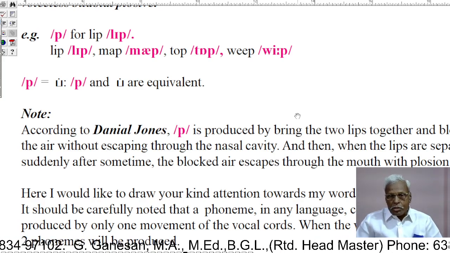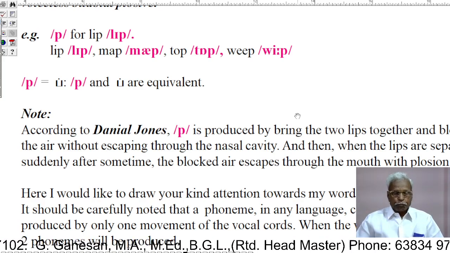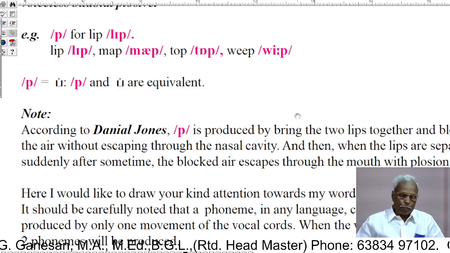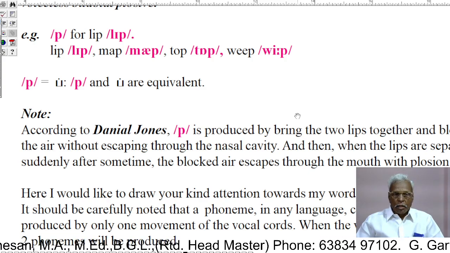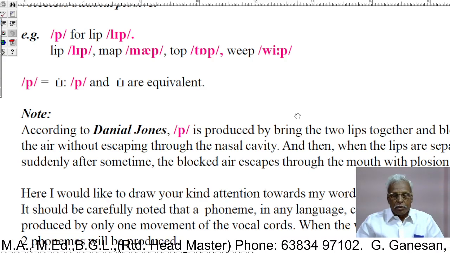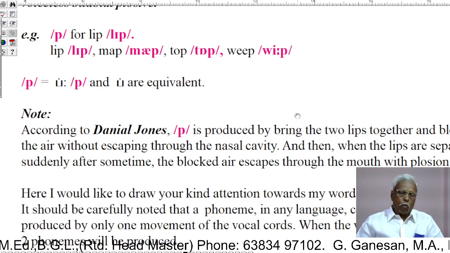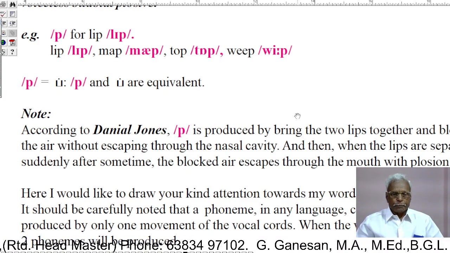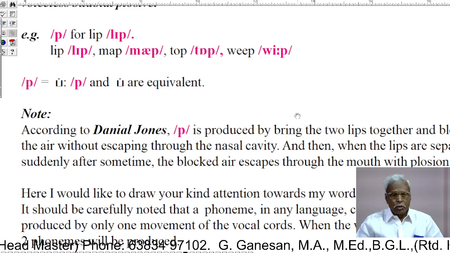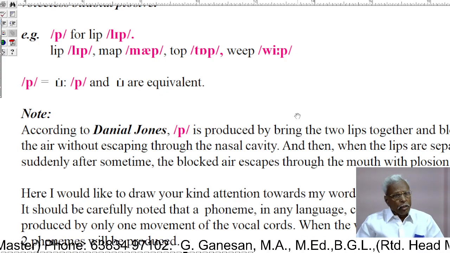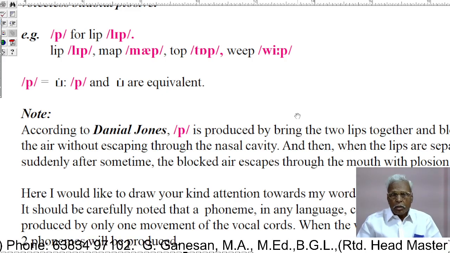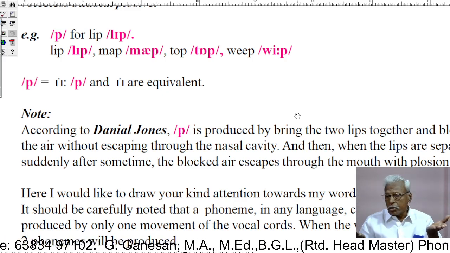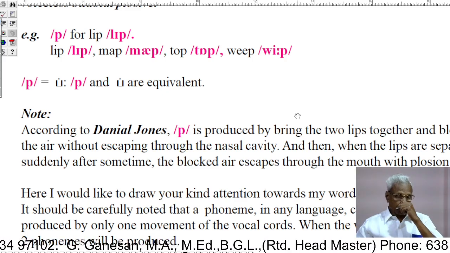Dear teachers, educationists and students, here I have to cite one important point. According to Daniel Jones, Daniel Jones is the author of all these phonemes.